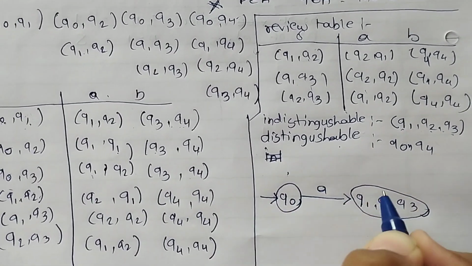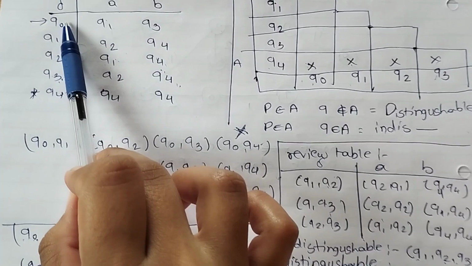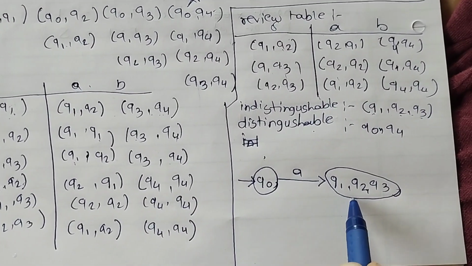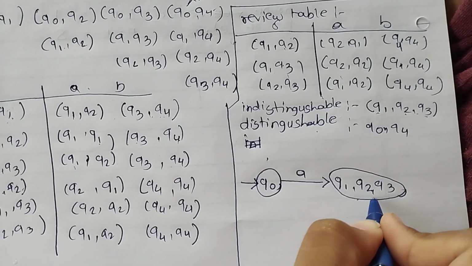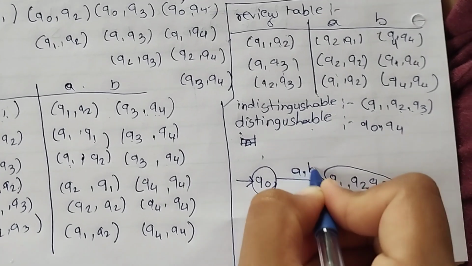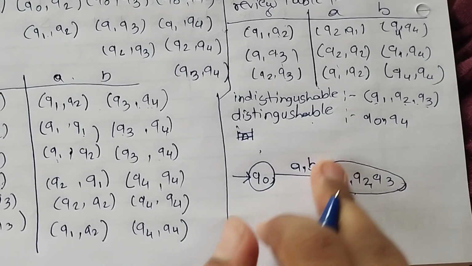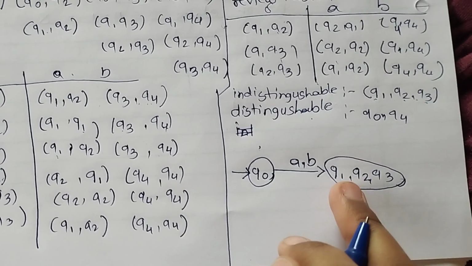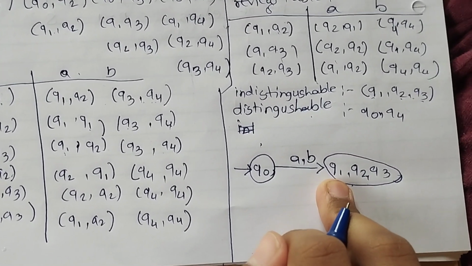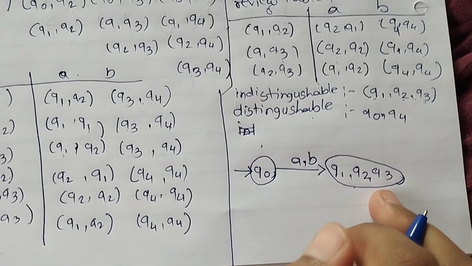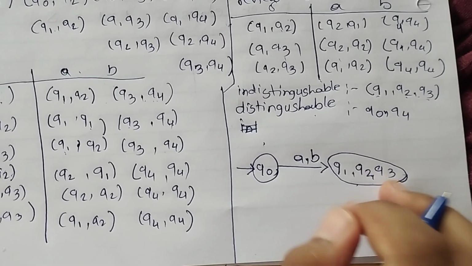So we do not write Q1 separately, we write it in common as Q1, Q2 and Q3, because Q1 is paired with Q2 and Q3. Now Q0 reads B in Q3, and Q3 is present in this same state. So Q0 reads A, B in this single state Q1 Q2 Q3, because A reads in Q1 and B reads in Q3.